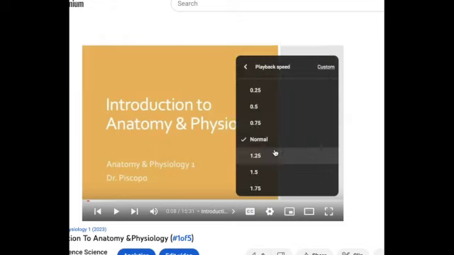So you may find that the pace of the lecture is perfectly fine for you as you take notes, but you can also increase the pace if you want the lecture video to move forward a little more quickly. Take a few moments this week and play around with this. See if you prefer the normal speed or perhaps 1.25 or even 1.5. Everyone's tastes are a little bit different.